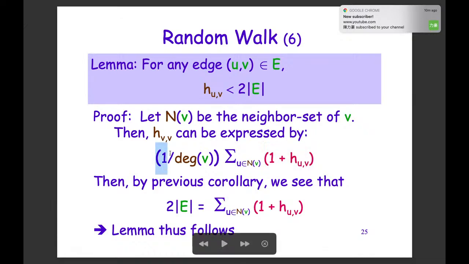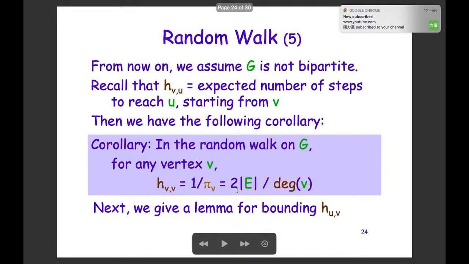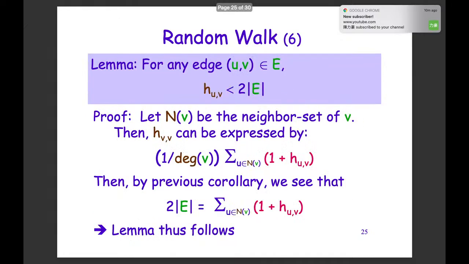Now, what is this value? H_vv itself is equal to 2 times e divided by degree of v. So if you go back, the summation here is actually the same as 2e.